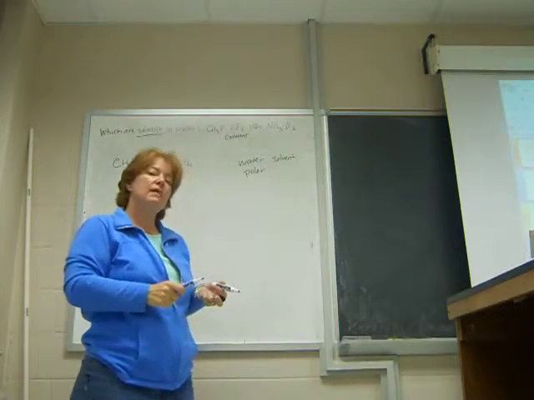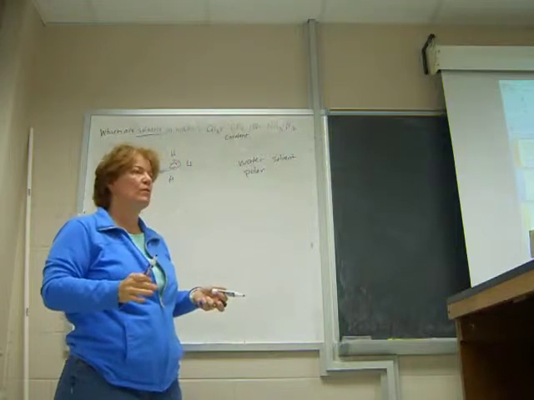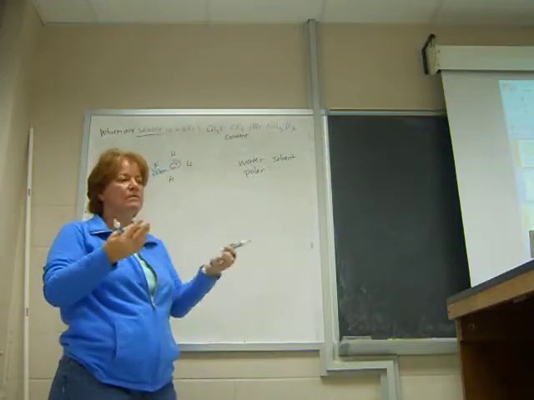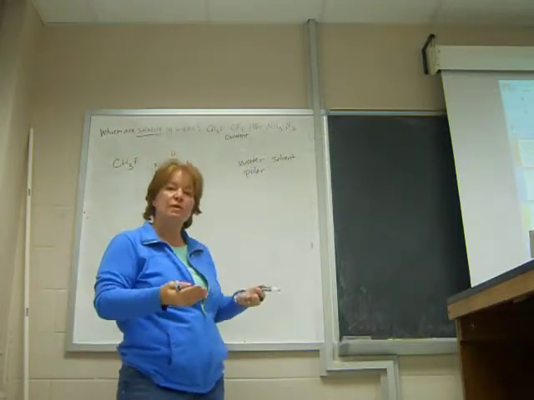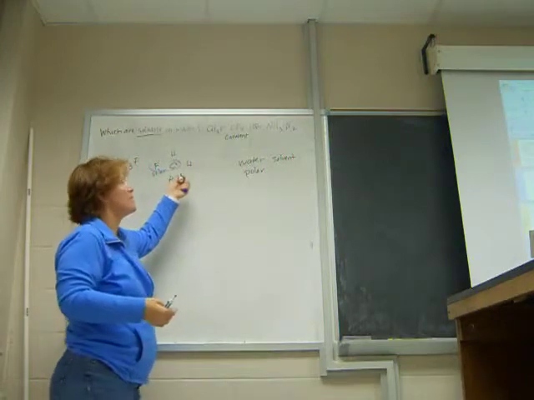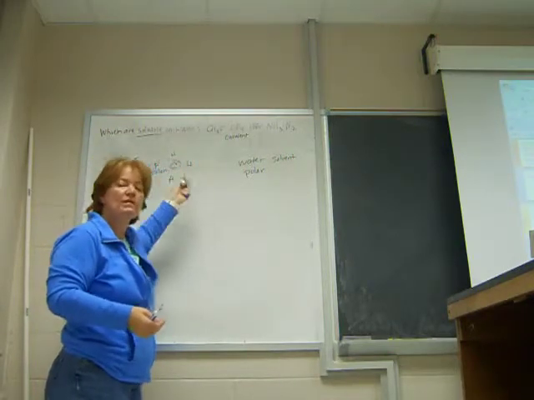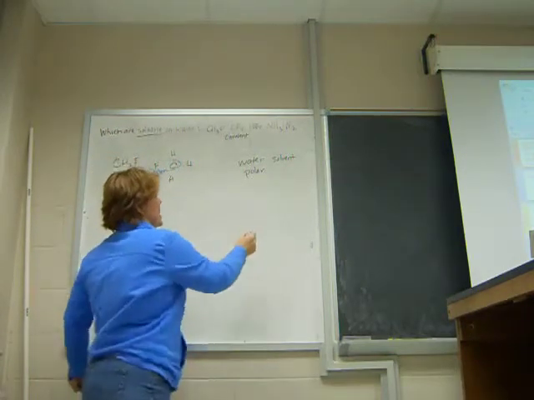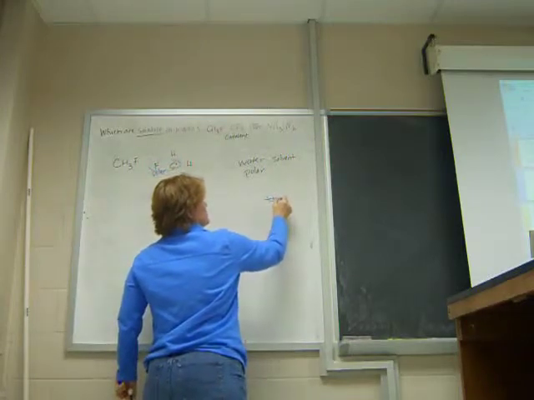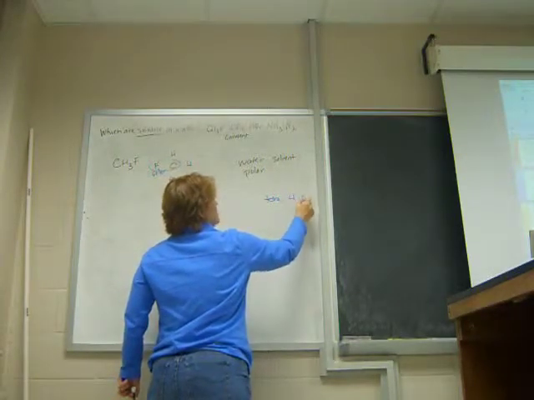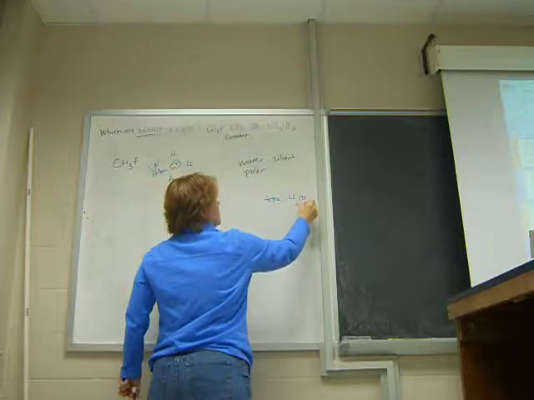If there's a polar bond, the entire molecule will be polar if the polar bonds don't cancel out. For them to cancel out, I would have to have a molecule with the right shape and the right number of identical bonds. Again, I listed tetrahedral with 4 identical bonds that have to have the same polarity.